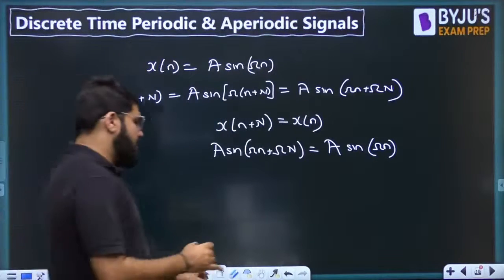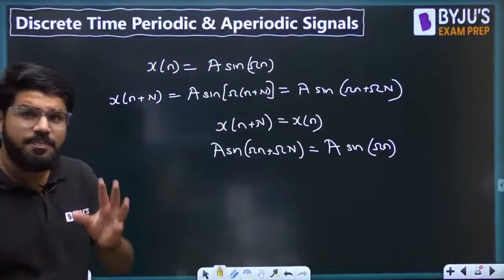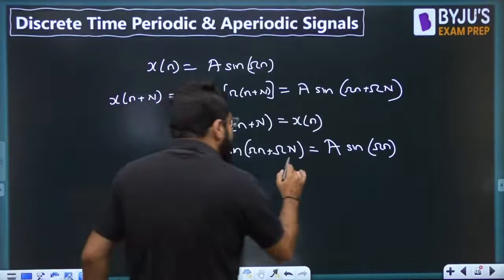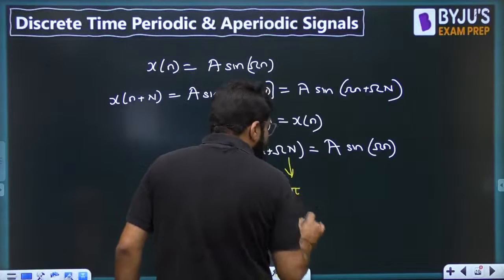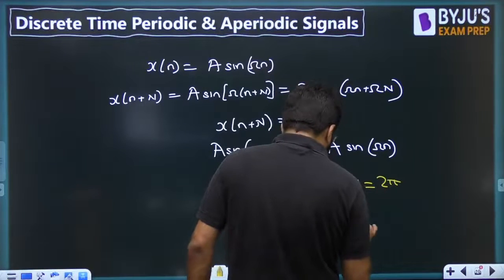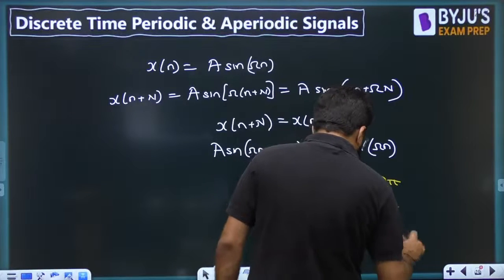And that is only possible, in terms of trigonometry, if sin theta is periodic with the period of 2 pi. The value of sin theta will repeat after 360 degrees, after 2 pi radians. So definitely this should be 2 pi. So once again the result is omega N is equal to 2 pi. That means the period is 2 pi by omega.